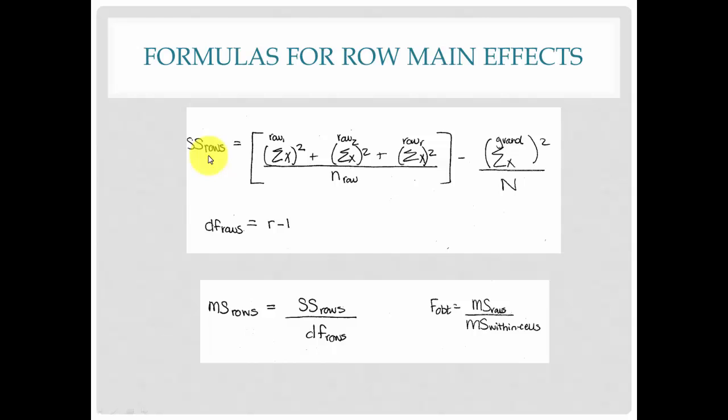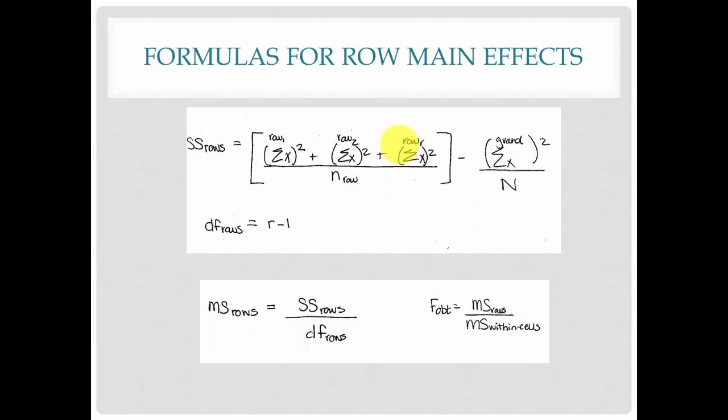Sums of squares rows is going to equal this entire value together, and how you read this is, this says the sum of x of row 1 squared, plus the sum of x for row 2 squared, plus, up to the sum of x for row r, which just means you keep doing this until you include all of your rows in this calculation.